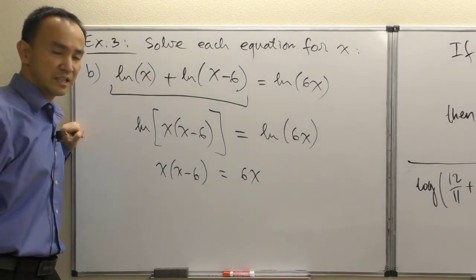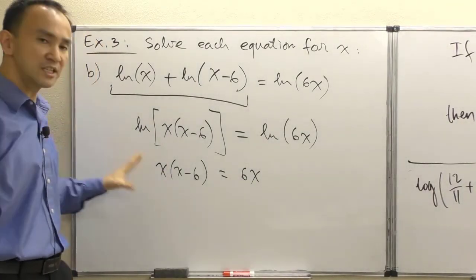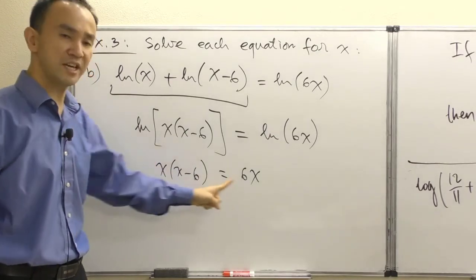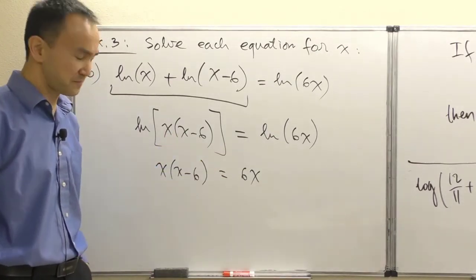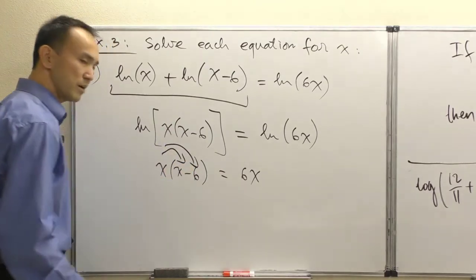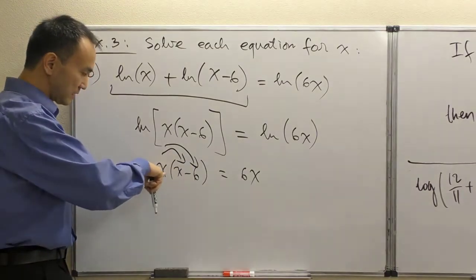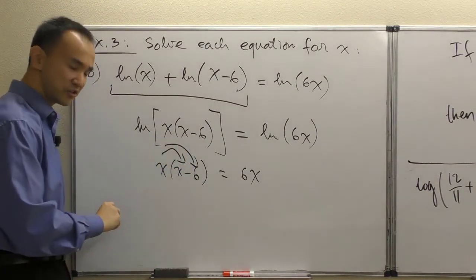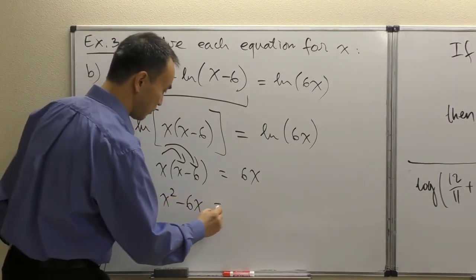Okay, and then you can still take that advice from me when we were doing this problem in example 2, that don't cancel out the x here because we can potentially lose some solutions. So the proper way of doing that, we can multiply x into each term there. So now we have x squared minus 6x, and that equals 6x.